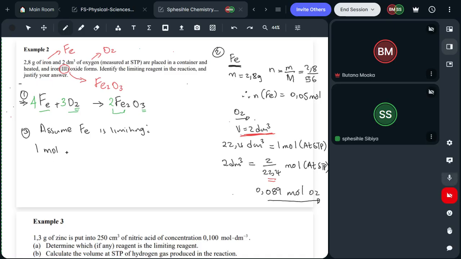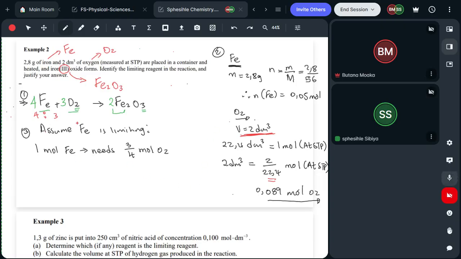So if Fe is limiting, I'm going to say that 1 mole of Fe needs 3/4 mole of O2. Where is this coming from? This is coming from the mole ratio. The mole ratio is 4:3.